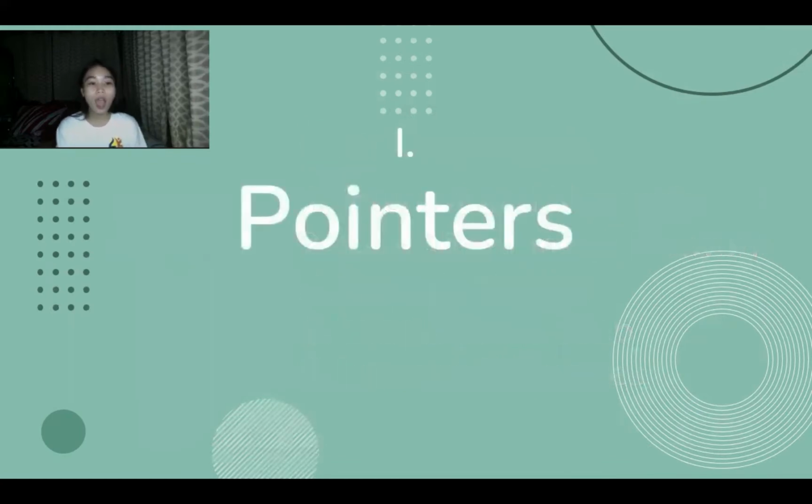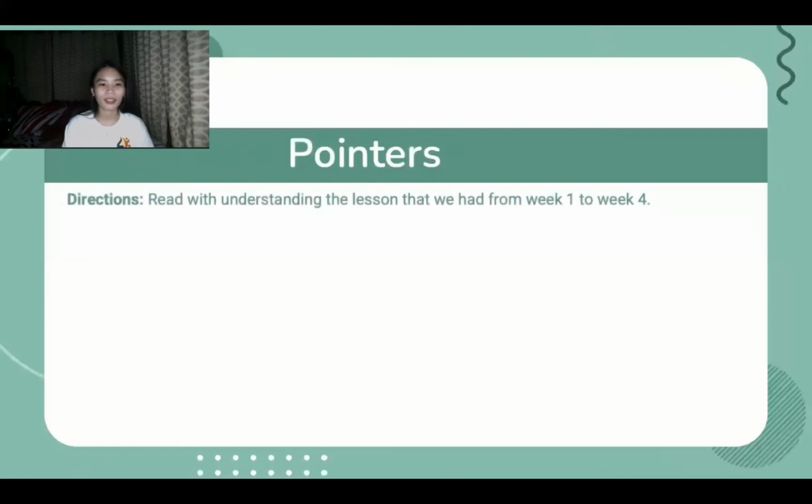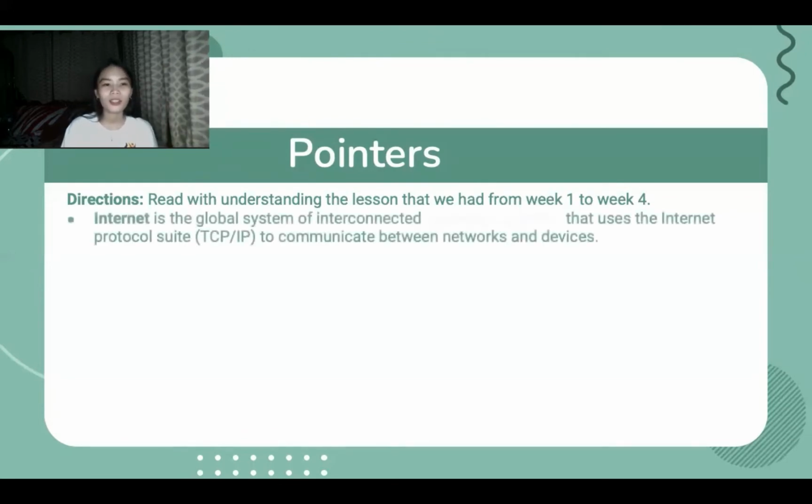So first, the pointers. Directions: read with understanding the lessons that we had from week 1 to week 4, since we only have 4 modules for our computer. So we talked about the internet.